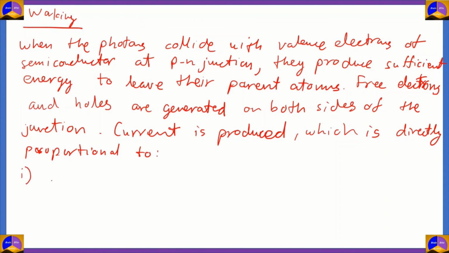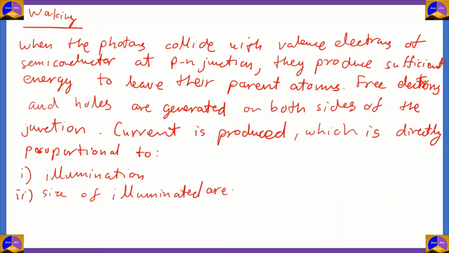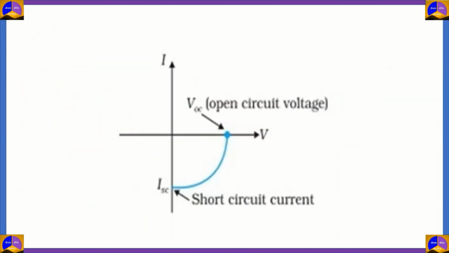The first is illumination, that means the amount of light itself, the intensity of light, and two, the size of the illuminated area. So the greater the illuminated area, the more current and EMF will be produced.